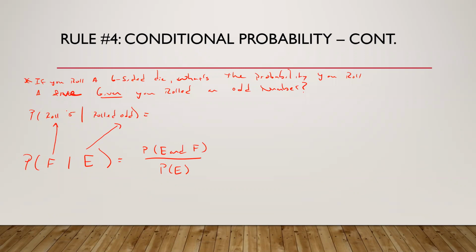So we have to rewrite this in this notation. It's the probability you roll an odd number and you roll a 5, divided by the probability of E. Remember, E is the probability you rolled odd.